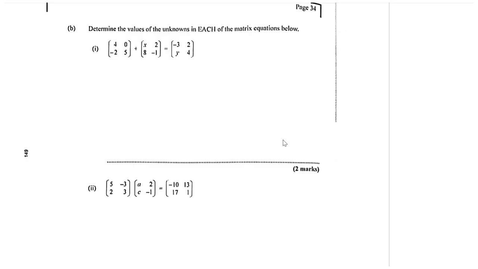Here it says, determine the values of the unknowns in each of the matrix equations below. So here, we need to find the unknowns. One unknown is x and one unknown is y. Let us add corresponding elements. The x is the first term, so we're going to add it to the first term 4 right here, and then equate it to negative 3.